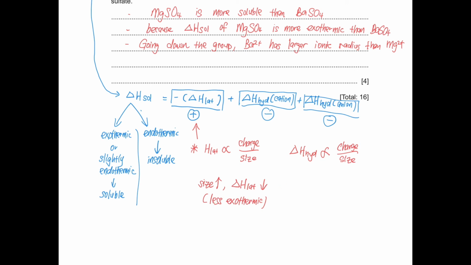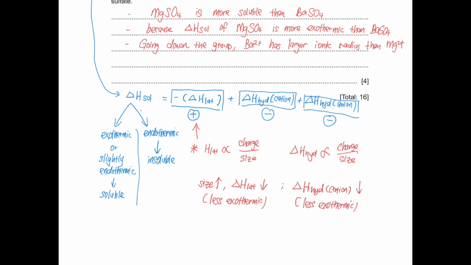You have to know that the delta H hydration for the cation is also decreasing, which means it becomes less exothermic.